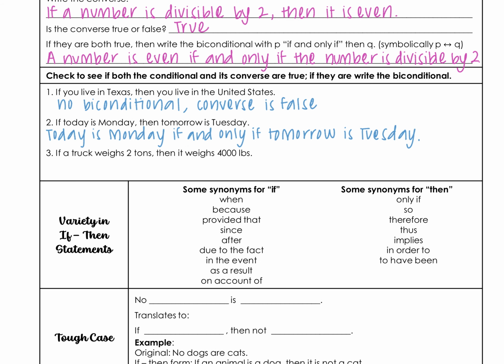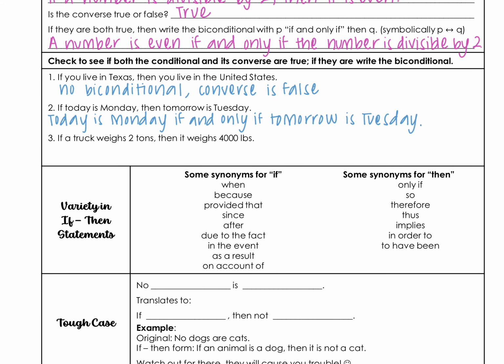And then we've got our last one here. If a truck weighs 2 tons, then it weighs 4,000 pounds. For those of you that aren't aware, yes, that is a true statement. Now let's think about that converse. We're going to switch the order. If it weighs 4,000 pounds, then the truck weighs 2 tons. That is also a true statement. So I'm going to write my biconditional.